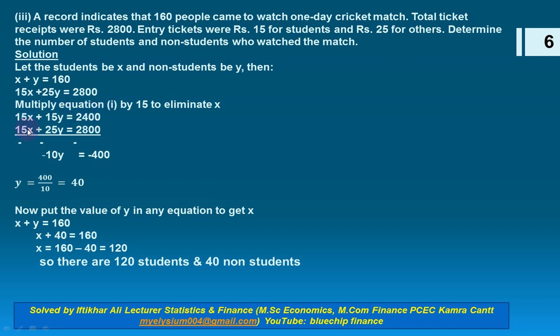First of all, if we multiply equation 1 by 15 to eliminate x, then the first equation will be 15x plus 15y equals 2400.